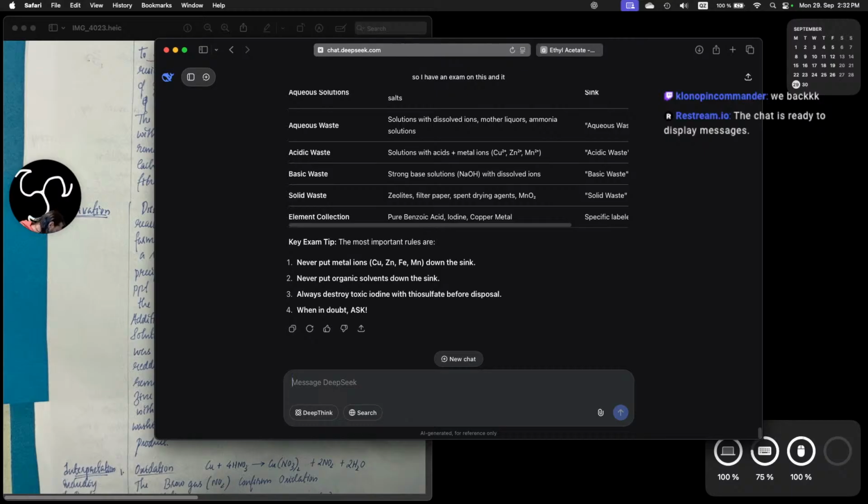Why? Why is it always there? Why are my headphones there? Why is it always there?